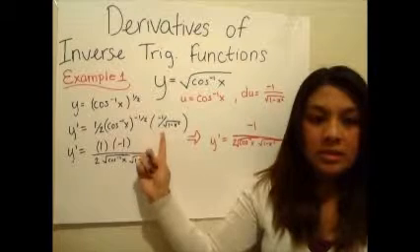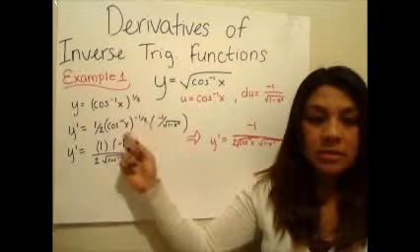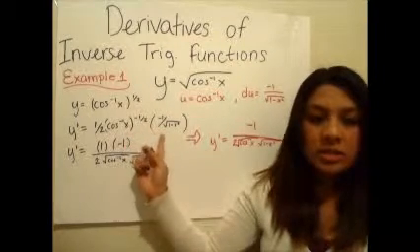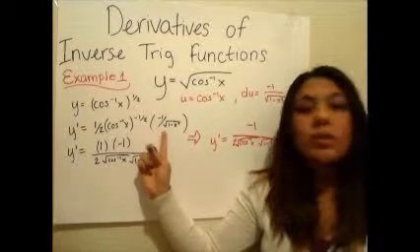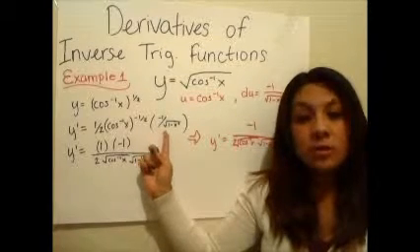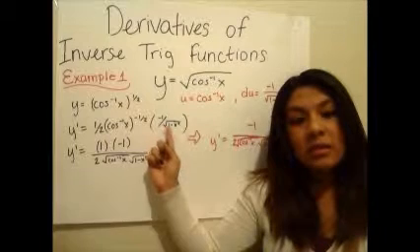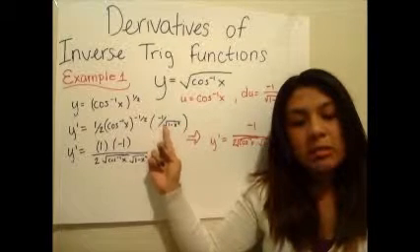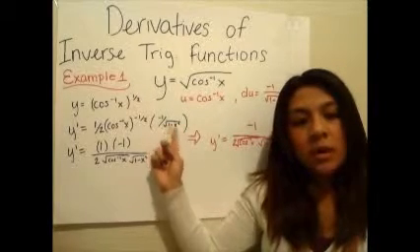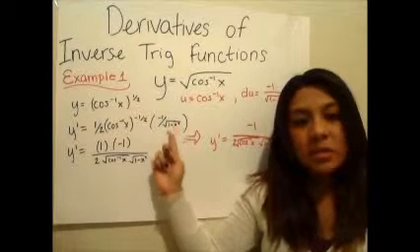And then times the derivative of the inside, which is from the 6 inverse trig functions. And the derivative for inverse cosine is negative 1 over radical 1 minus x squared.